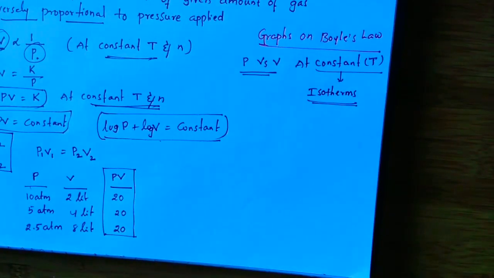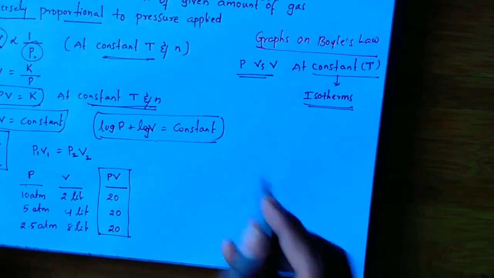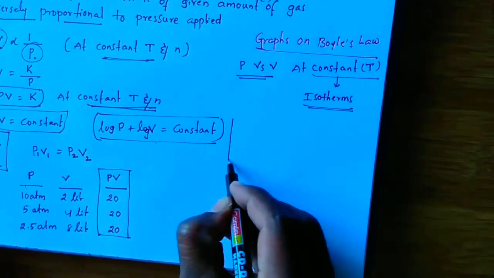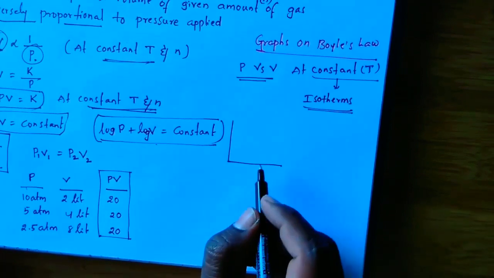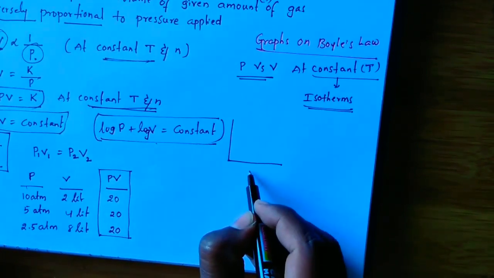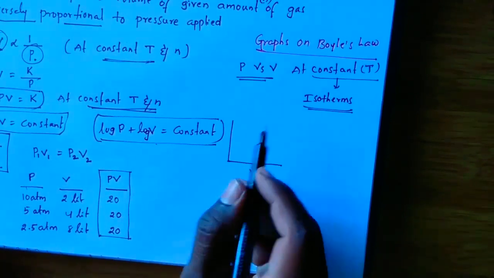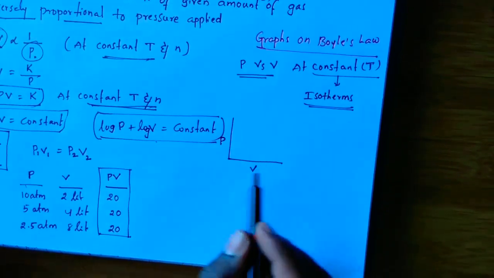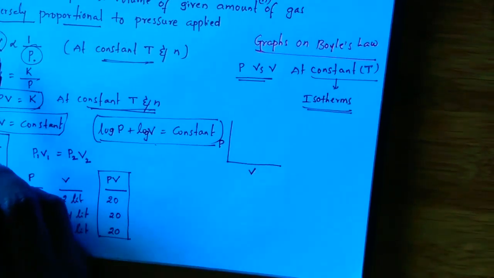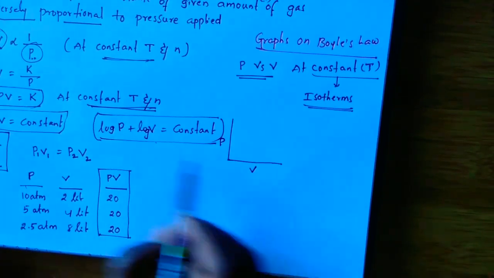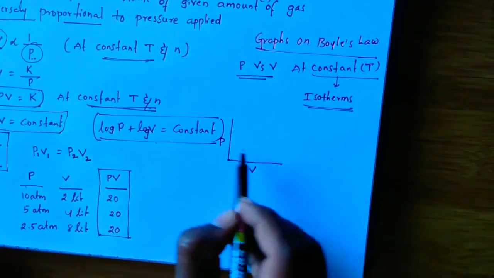How are the isotherms? Here I take volume on the x axis and pressure on the y axis. On increasing the pressure the volume decreases, and on decreasing the pressure the volume increases.